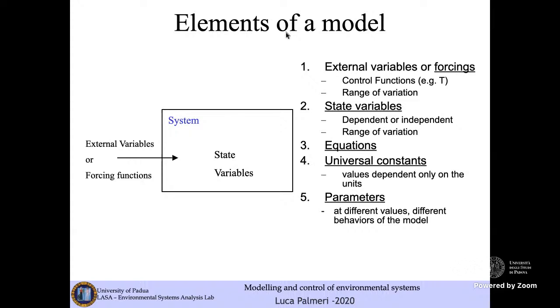Through universal constants, which in general define the units of measure of the various quantities that come into play, and through parameters. At different values of the parameters, you will have different behaviors of the model. So the parameters are the elements I may control or change in order to change the behavior of the model.